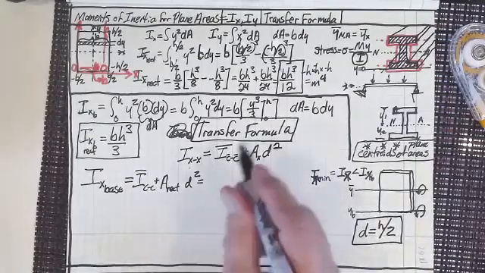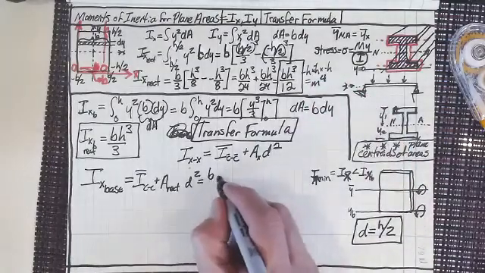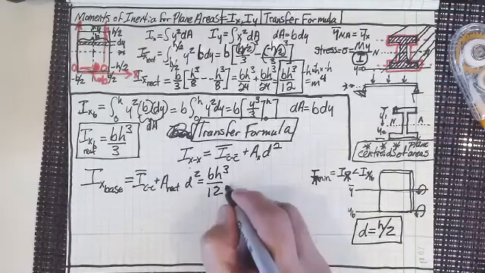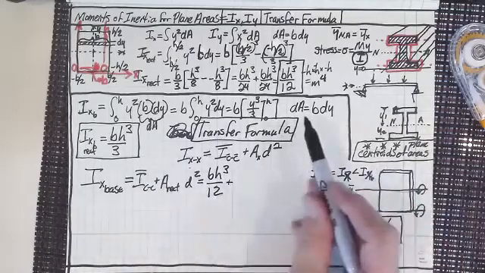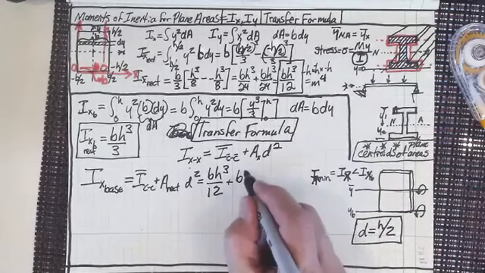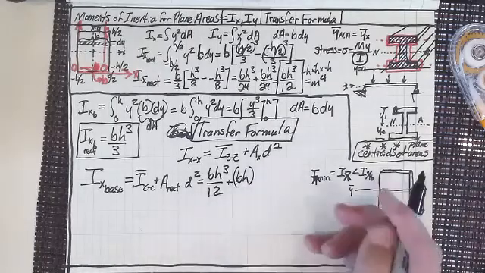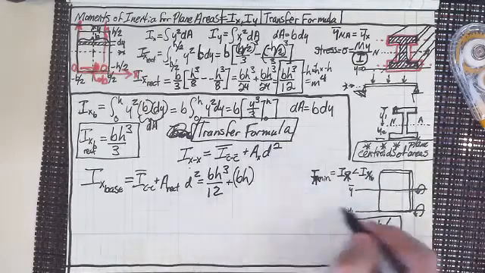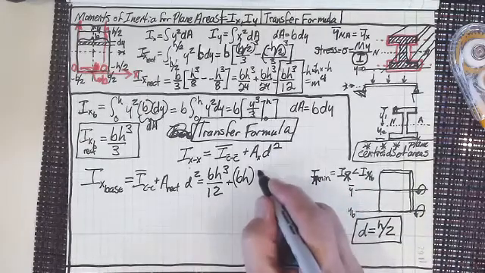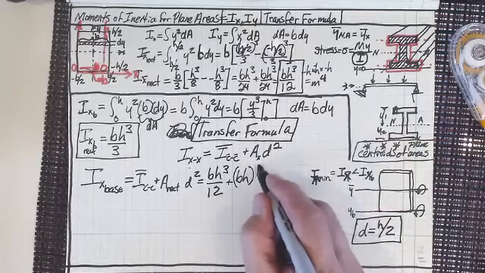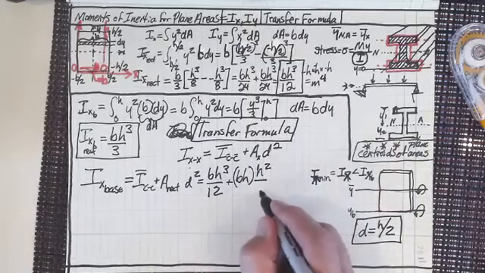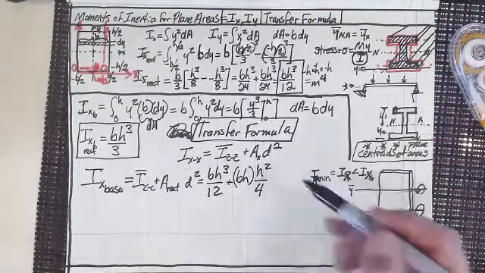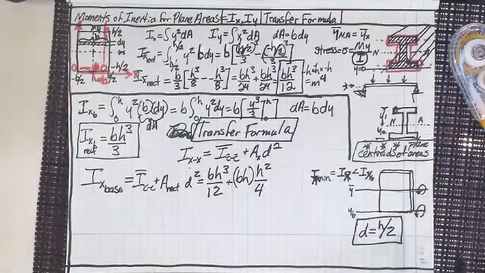So let's go back up here. We've got bh cubed over 12 plus the cross-sectional area of a rectangle, which is bh, times the distance, which is h over 2. So I'm just going to say h squared over 4, because that's h over 2 squared.